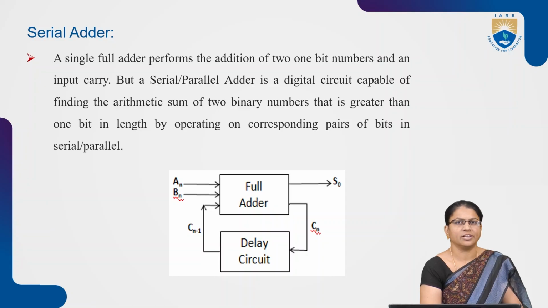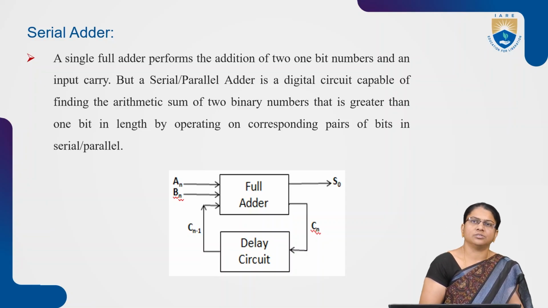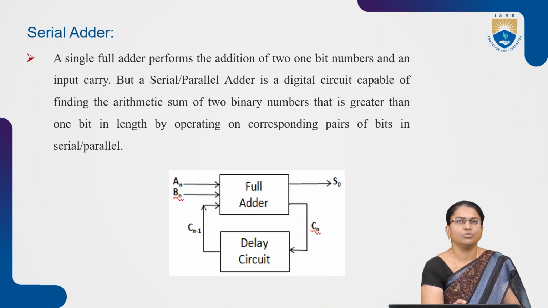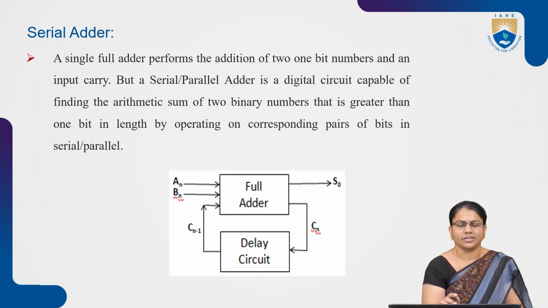The inputs are An, Bn and Cn-1, and the outputs are the sum Sn and the carry Cn. These are the 2 output variables and 3 input variables for the single full adder in the serial adder circuit.